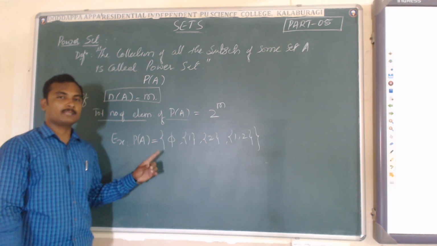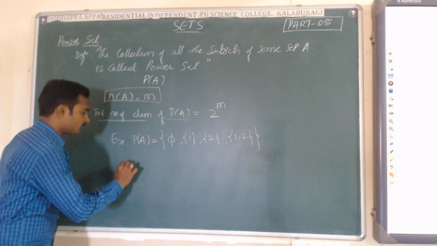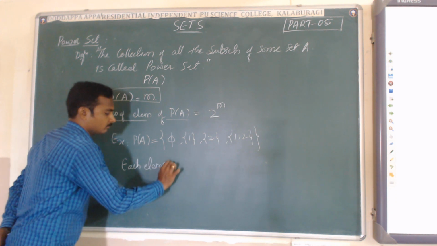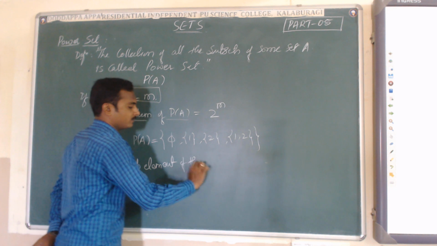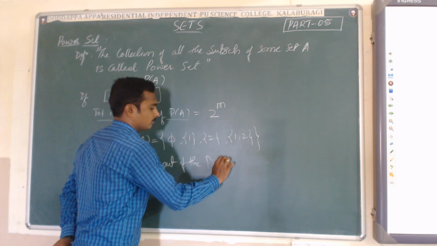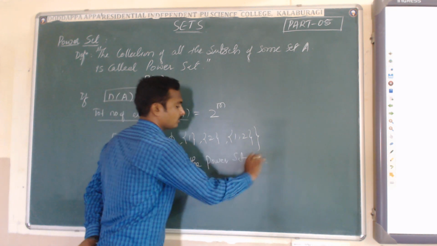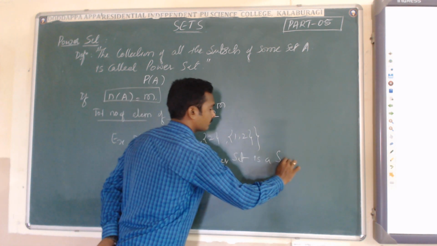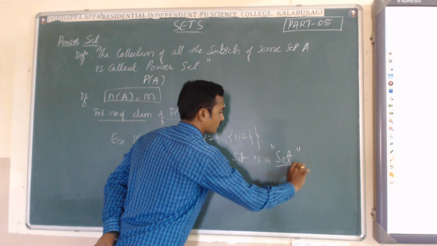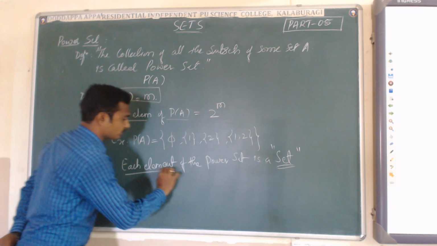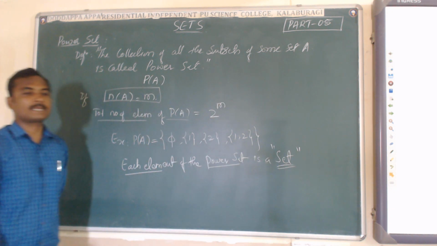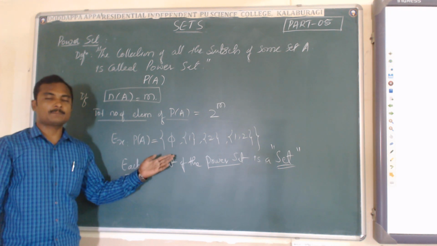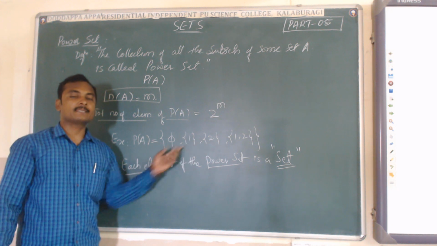You can note here that each element of the power set is a set. Right? You can observe that each element of this power set is nothing but a set itself.